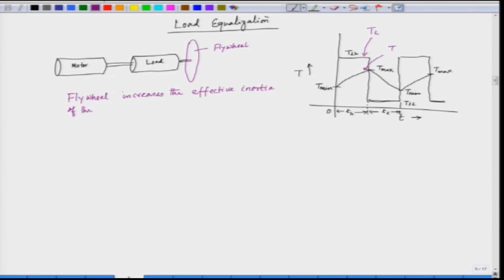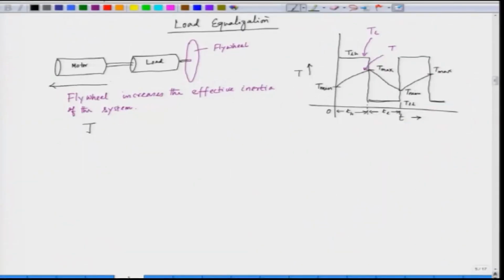When the inertia is more, the motor and load combination can supply more load torque. In this case the total inertia is J, the combined inertia, which consists of the inertia of the motor plus the inertia of the flywheel.